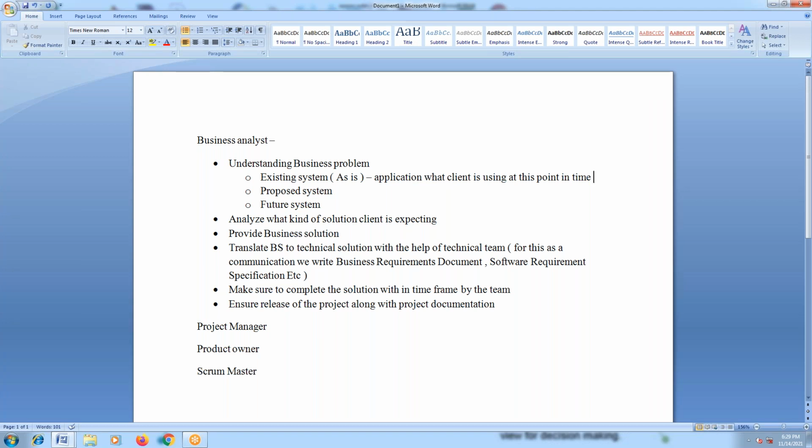There are different modes, like observation. Through observation, we get to know many things. Among these communication modes, the very first thing we have to do is understand what the existing system is that the customer is using at this point of time, and what kind of features and functionalities are there in it.